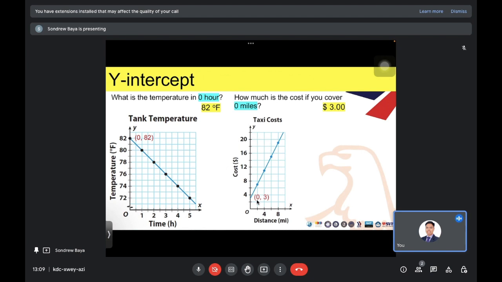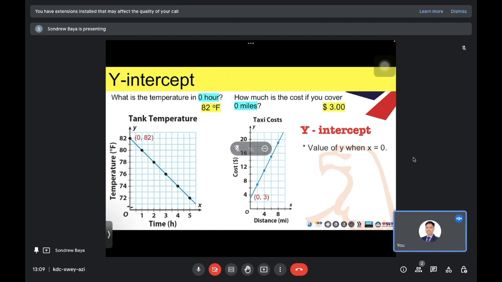In other words, the y-intercept is the value of y when your x quantity is equal to 0. Whenever you ask what is the value of y if your x is 0, or how much do you pay in 0 hours, or let's say, how much are you going to pay if you avail 0 liters, the value of y that you get, which is simply the y quantity, is what we call the y-intercept.